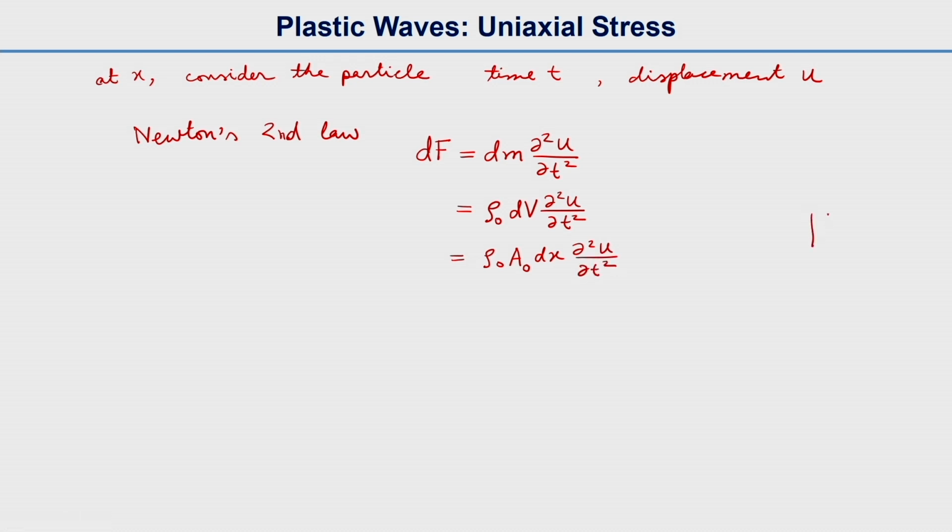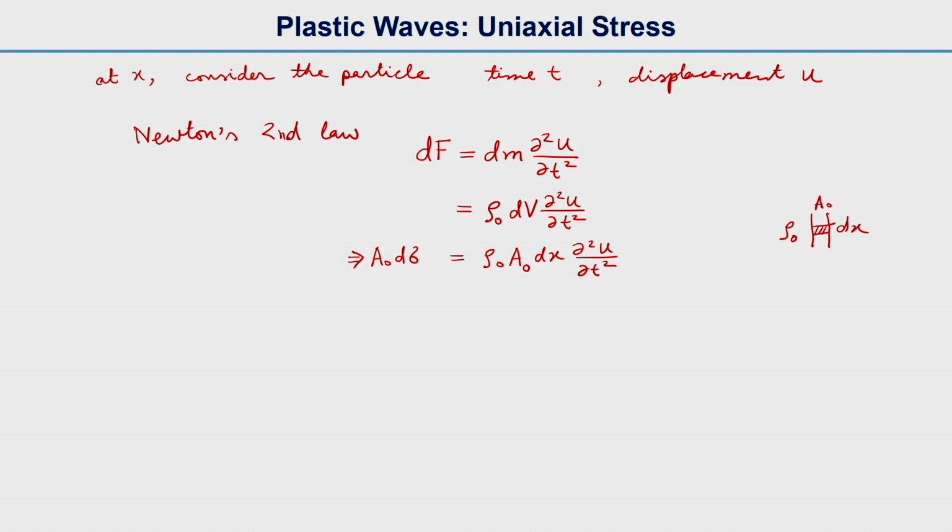So if we are taking the wire, this is the dx, and the cross sectional area is initial A naught, and we have rho naught as the initial density, and this will be equal to, as we know, A naught d sigma, area multiplied by the stress acting on it.